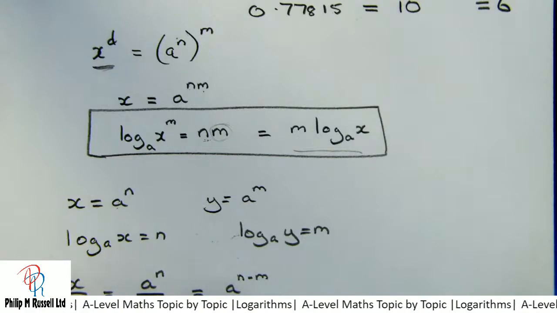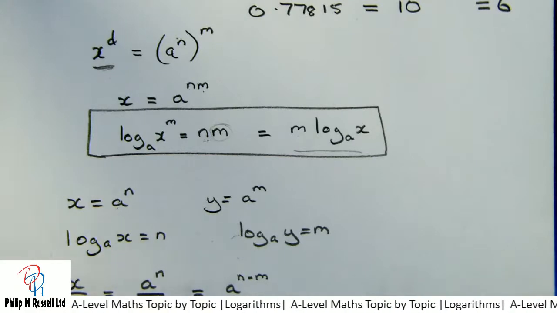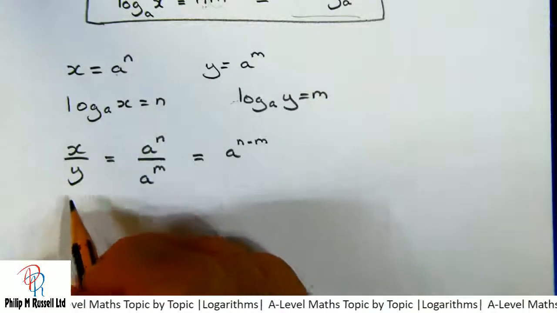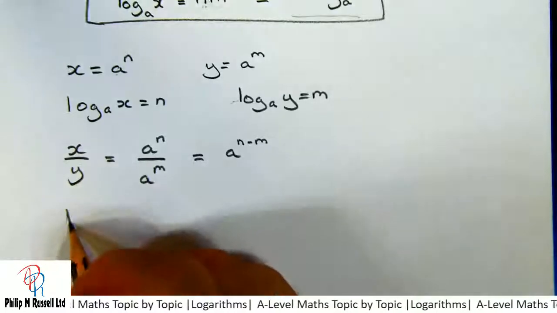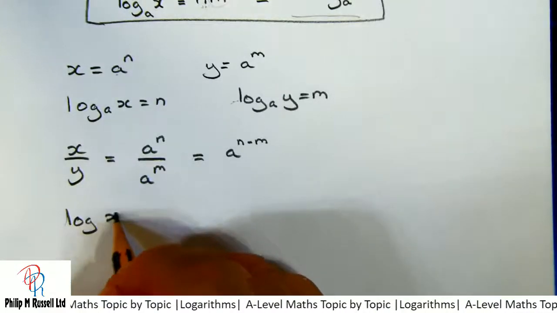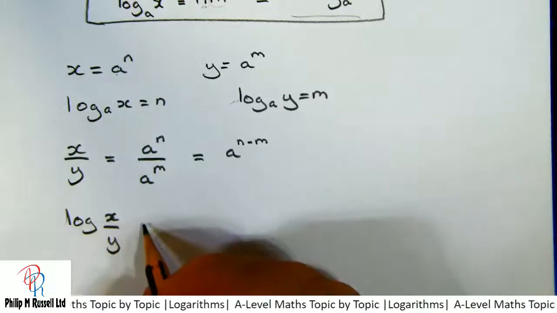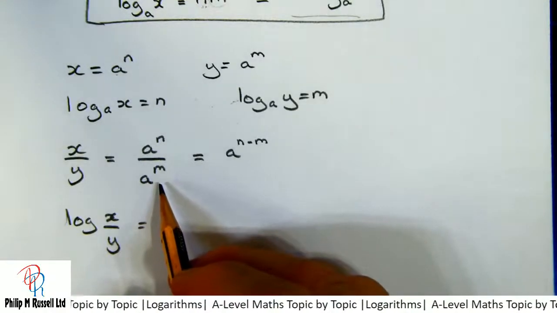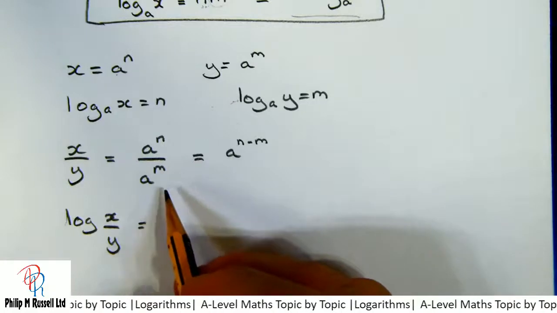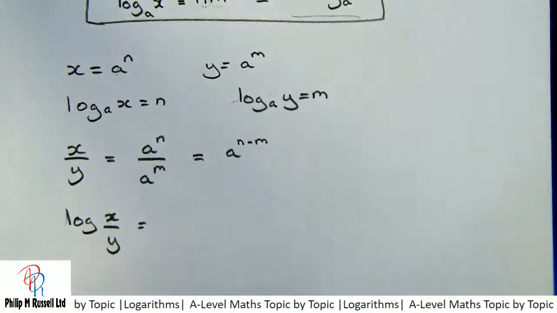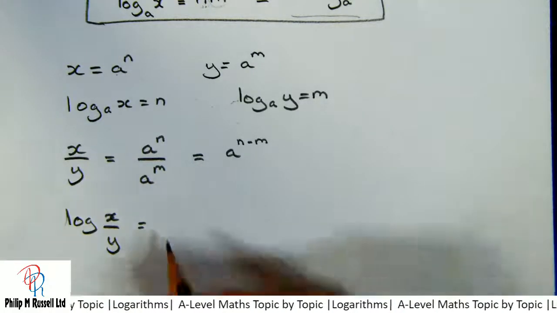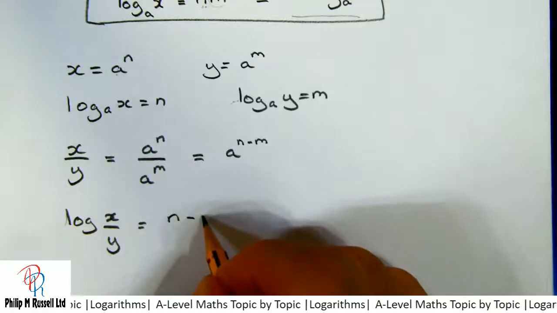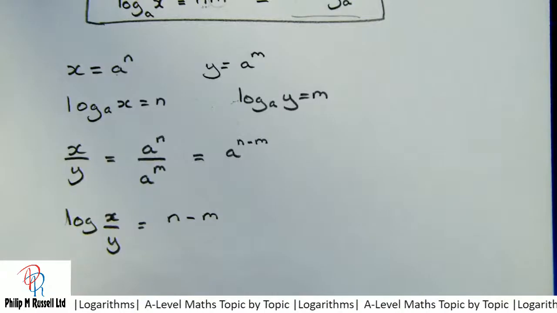Let's try and write this as logs. So let's take the log of x over y. Well, we already know what this is going to be. This is going to be n minus m.